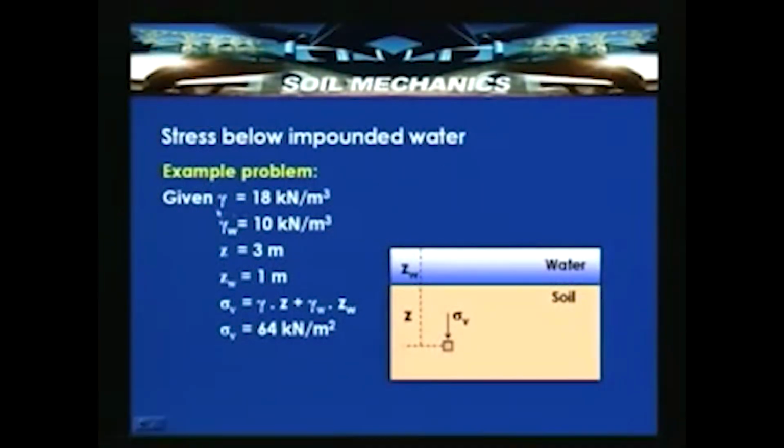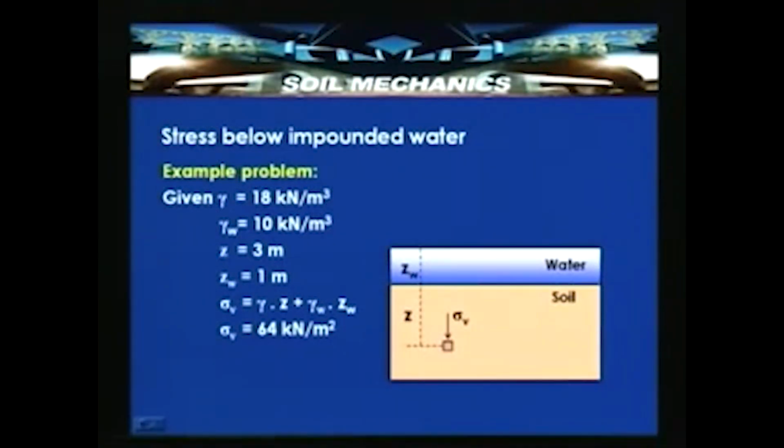So, the example problem states like this: given gamma is equal to 18 kilonewton per meter cube, and gamma W is taken as 10 kilonewton per meter cube, approximated, and Z is equal to 3 meters and ZW is equal to 1 meter. So, sigma V is equal to gamma Z plus gamma W ZW, that is equivalent to 64 kilonewton per meter square. So, let us look into this problem here.